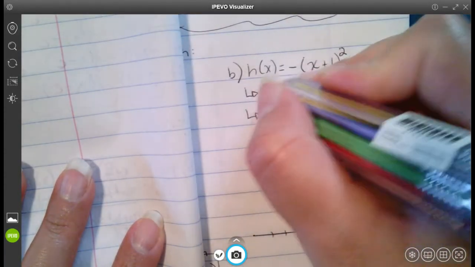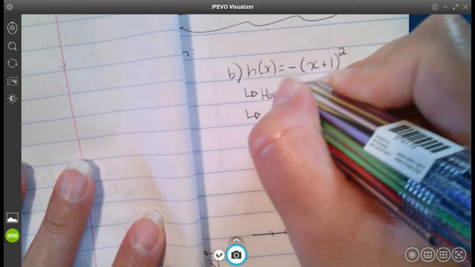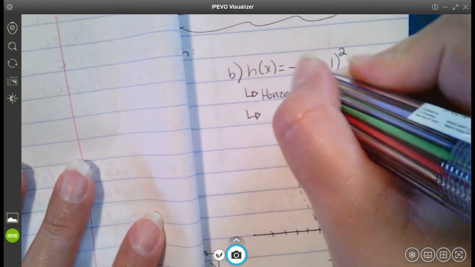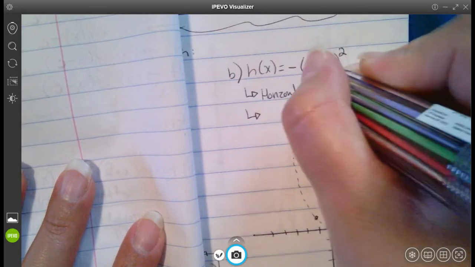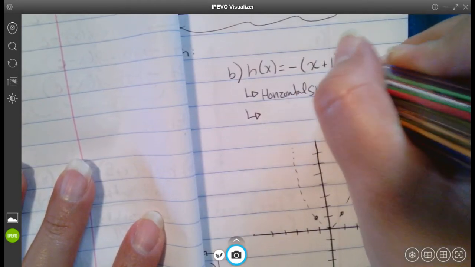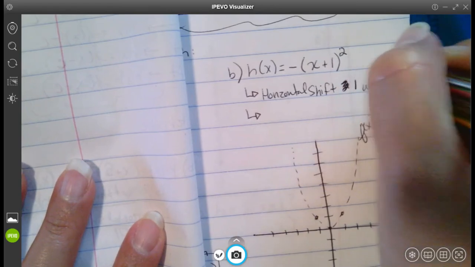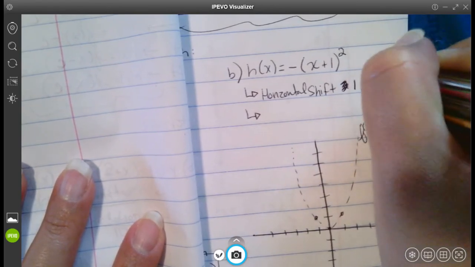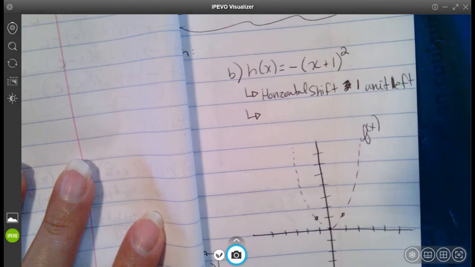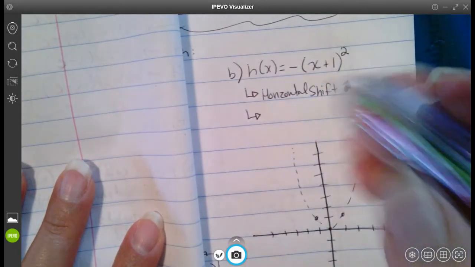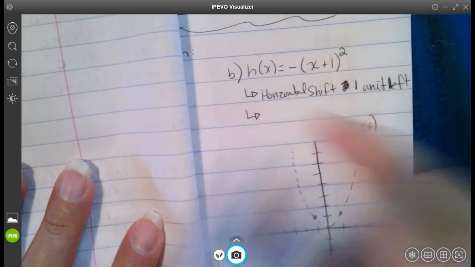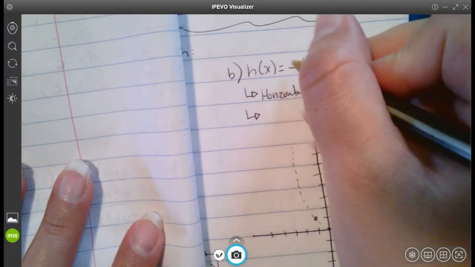So I'm going to go ahead and do that one first. So write that out. Sorry, I don't know where I'm getting that 2 from. 1 unit left. So that's this part right here, the little +1. And then the negative here in the front, that's the new one that we sort of learned.